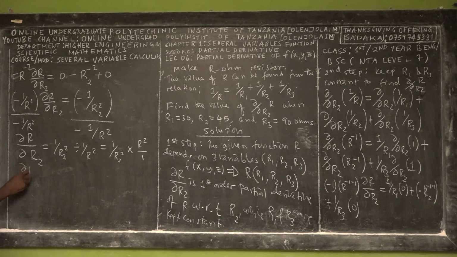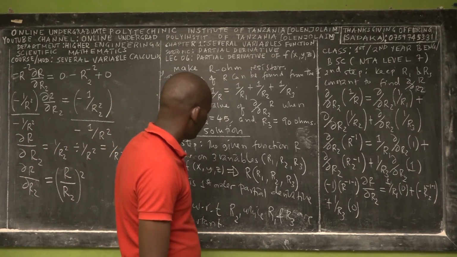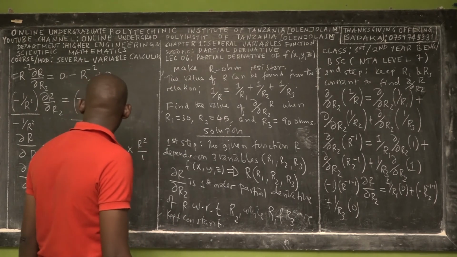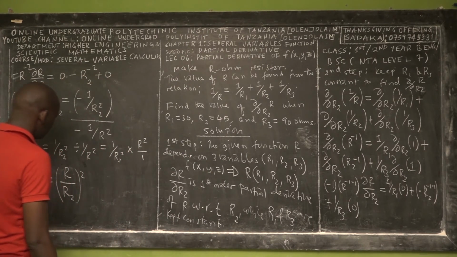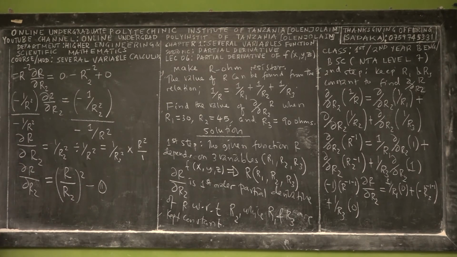So the partial derivative of R with respect to R2 is equal to R squared over R2 squared, where R is the equivalent resistance. Let us call this equation 2, while equation 1 is this one.